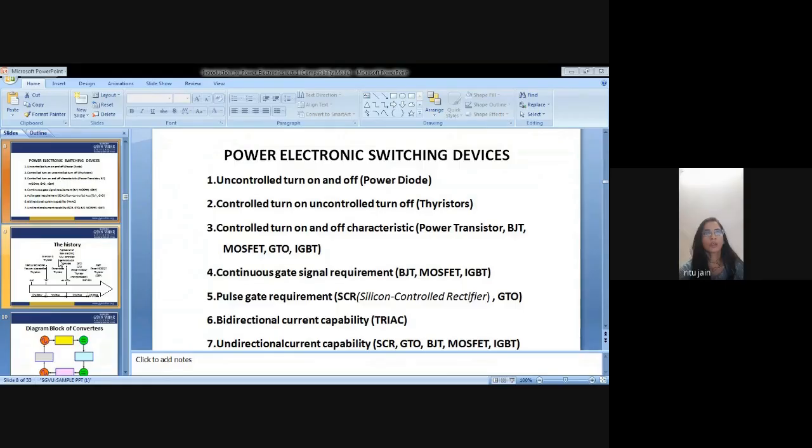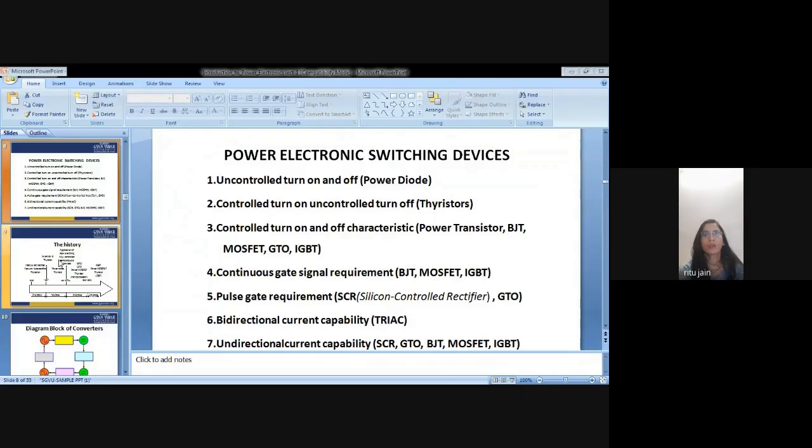Next is the continuous gate signal requirement. BJT, MOSFET and IGBT require a continuous gate signal, or you can say a continuous input signal. For example, take the SCR, the silicon controlled rectifier.